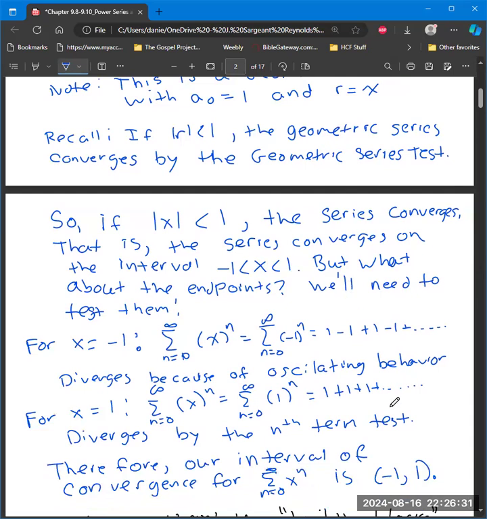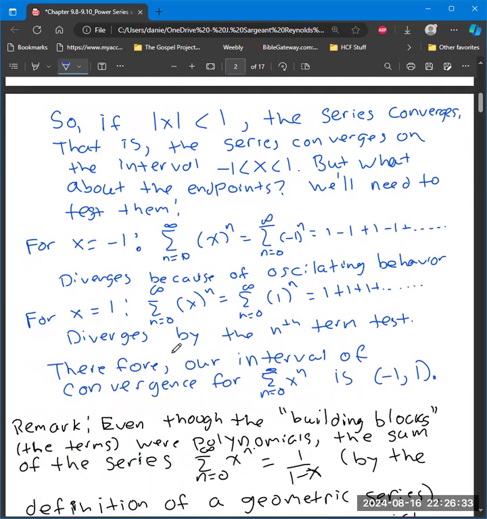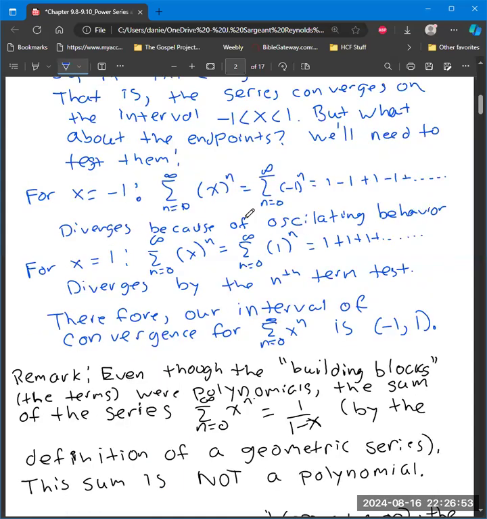But what about the endpoints? We'll need to test them. So for the left endpoint, if I stick in -1 to the series, I get the summation from n equals 0 to infinity of (-1)^n. And that's going to alternate 1, -1, 1, -1, so on. That diverges because of its oscillating behavior.